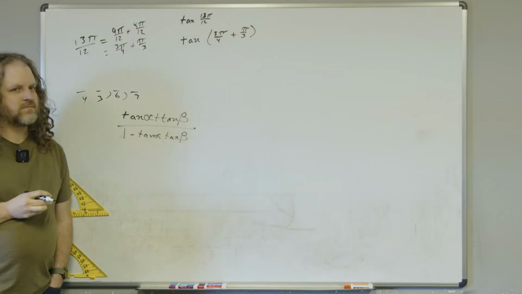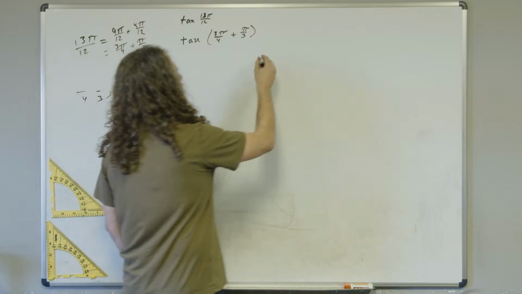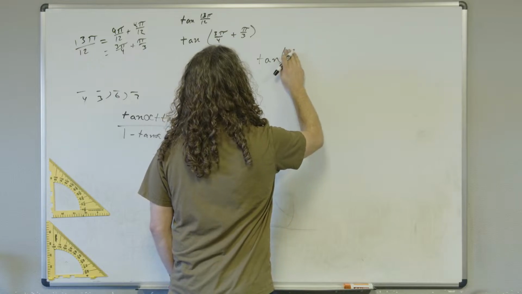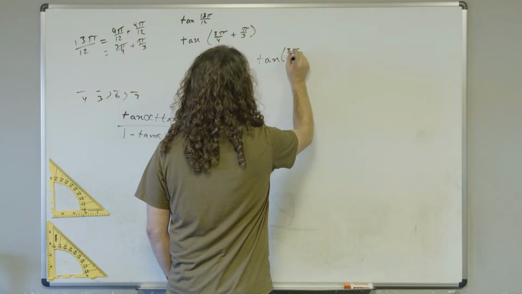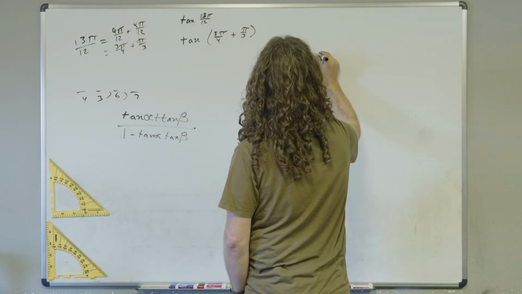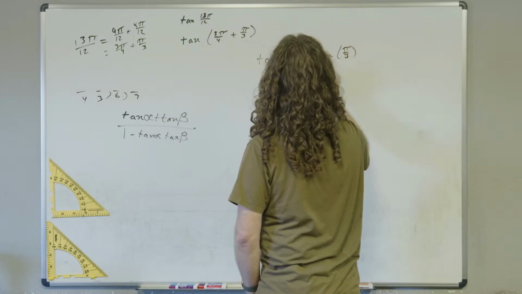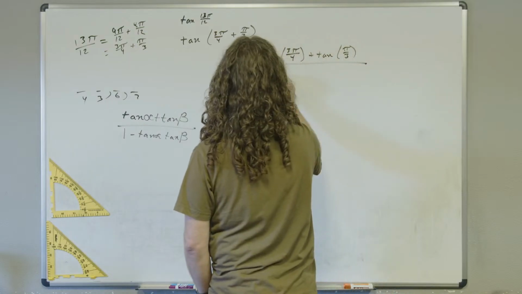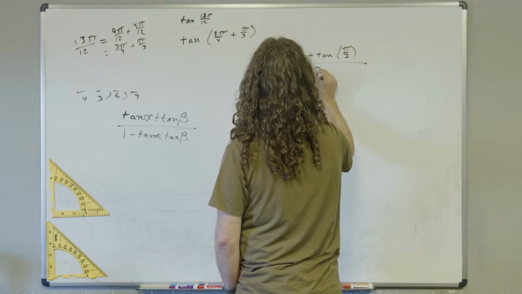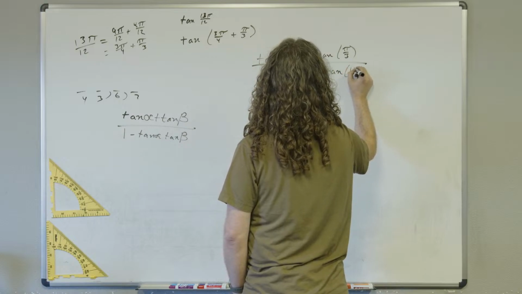Great. So we turn this into the tangent of 3 pi over 4, which is one of the things that threw us off a little, plus the tangent of pi over 3, over 1 minus tangent of 3 pi over 4 times the tangent of pi over 3.